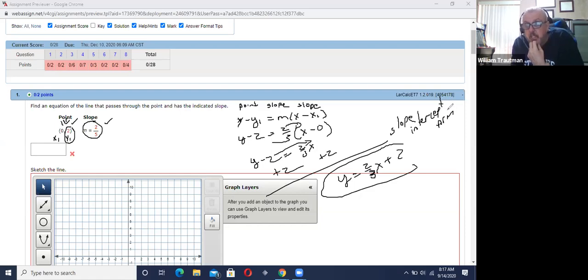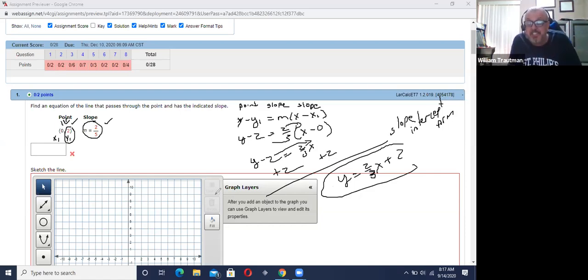However, the answer may ask for standard form. There's different forms. Standard form, general form. Oh, good. Let me write a couple of these down.